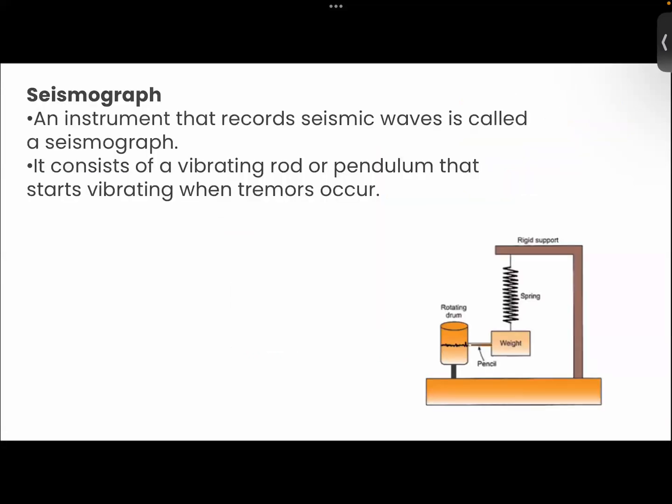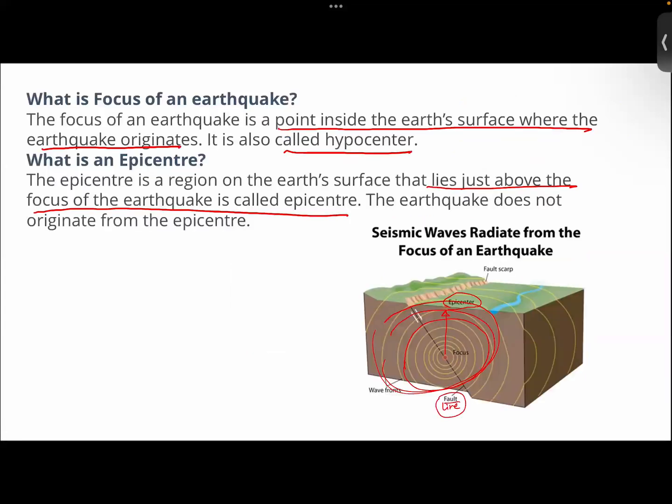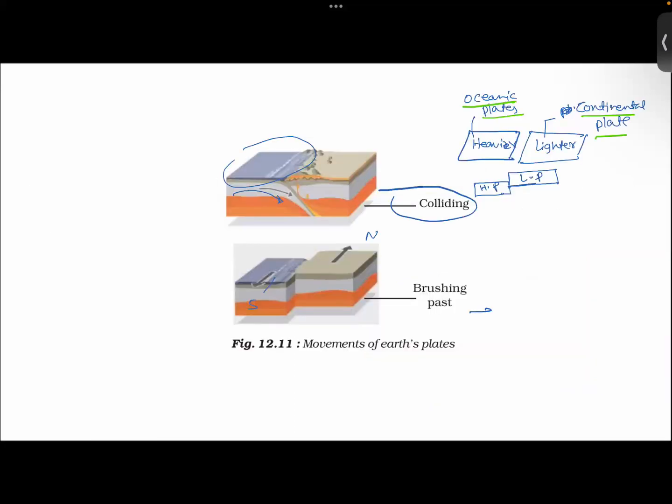Now, to measure the intensity of the earthquake, we have an instrument as well. The magnitude is scaled on a scale called the Richter scale, while the waves being produced here, their intensity is measured using a seismograph.